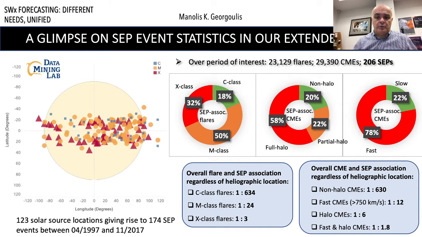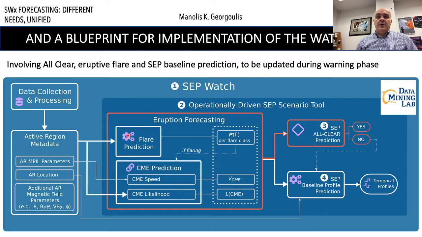All this is groundwork that we're going to be using in order to achieve some meaningful results. And this is a blueprint, pretty much. This is a blueprint of the implementation of this SEP watch phase, initially how we deal with SEPs.